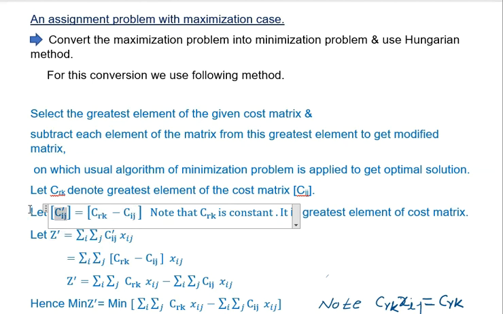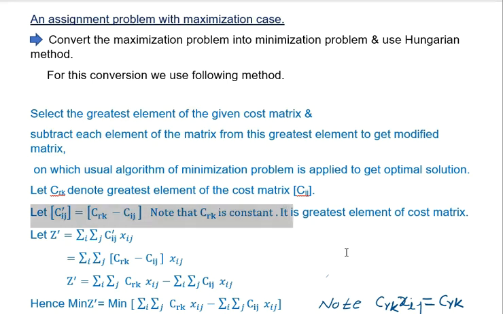CRK is the greatest element. It is a constant, the greatest element of the cost matrix. So whatever element we get, we denote it by C dash ij.